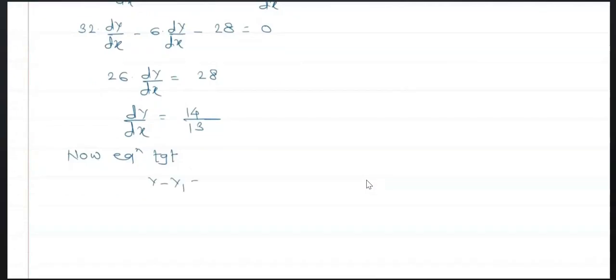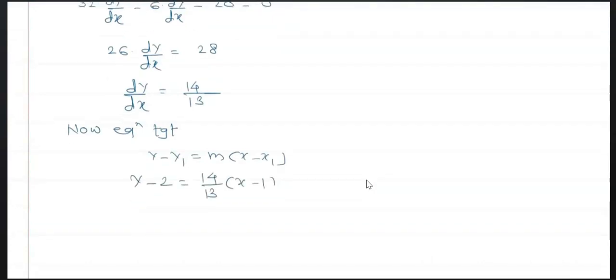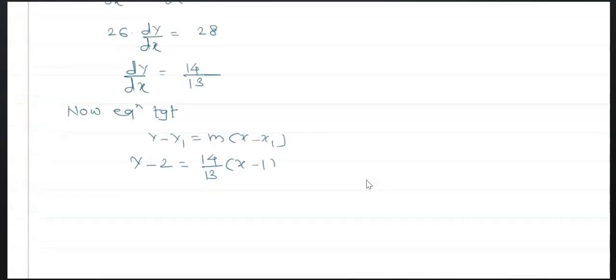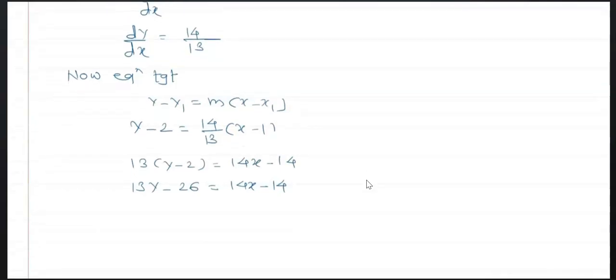Now the equation of the tangent, that is y minus y1 is equal to m in bracket x minus x1. Y minus 2 is equal to 14 upon 13 in bracket x minus 1. 13 in bracket y minus 2 is equal to 14x minus 14, that is 13y minus 26 is equal to 14x minus 14.